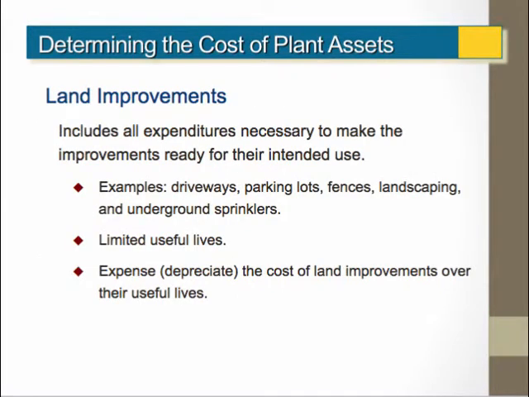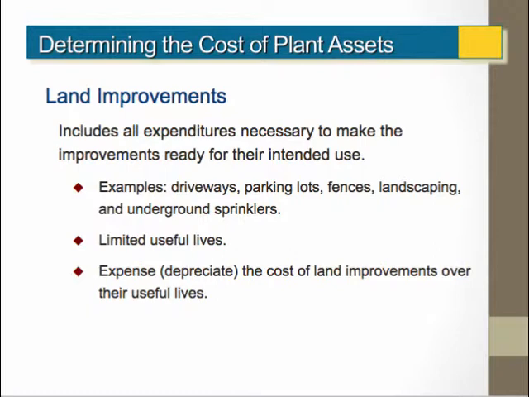Now, another type of plant asset is called land improvements. Sometimes we mistake land improvements for land, but think of this as the items that we put on the land to make the land better. Things like driveways, parking lots, fences, landscaping, underground sprinklers, even trees and shrubs.